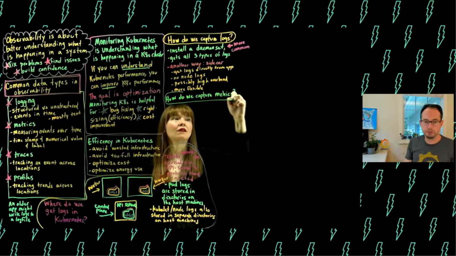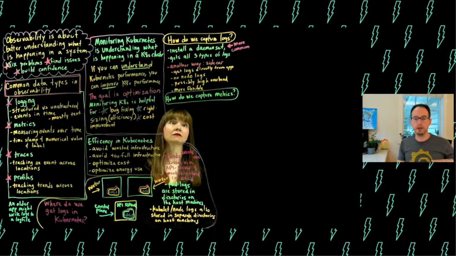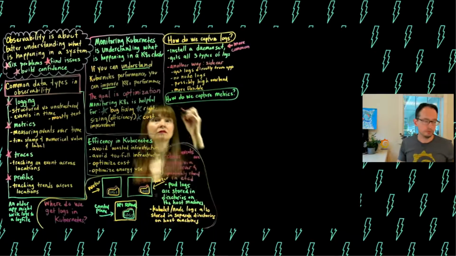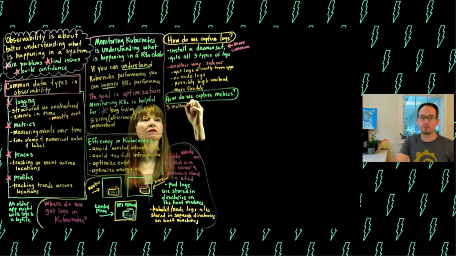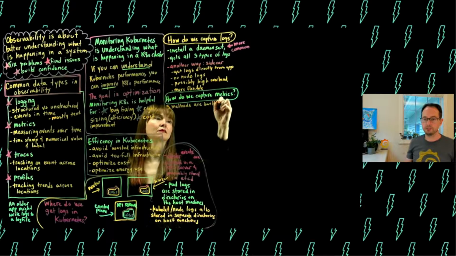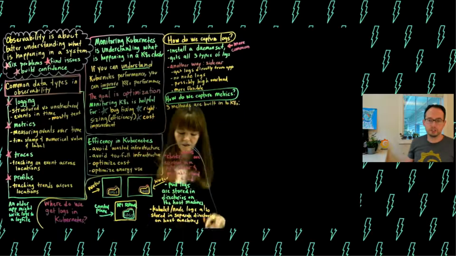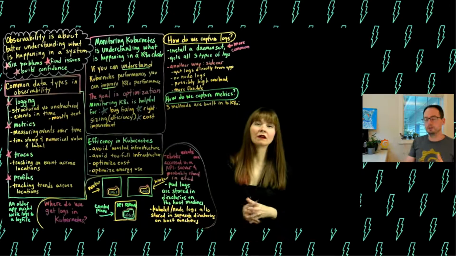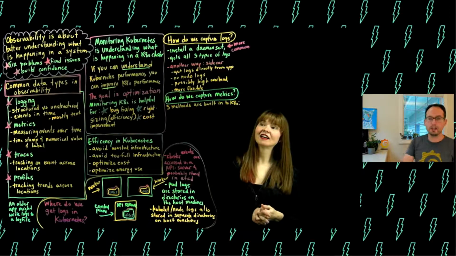The API server will tell you its own metrics, things like request time and responses from requests to the API server. Is it able to keep up with all the requests it's getting? The controller manager, the scheduler, and other control plane components will have their own metrics as far as, are they able to keep up with their job? And so they'll have different measurements there.